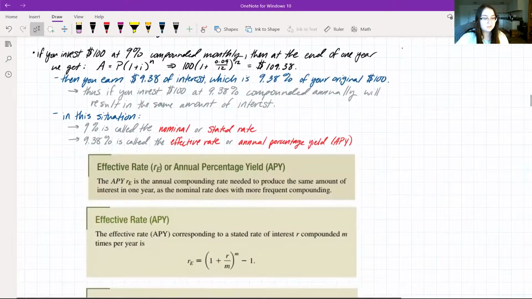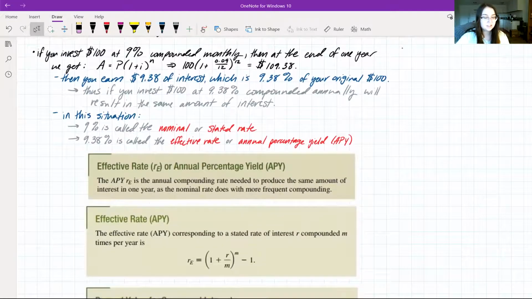Moving on, if we invest $100 at 9% compounded monthly, then at the end of 1 year, A equals P times 1 plus I to the power of n. That gives us 100 times 1 plus 0.09 divided by 12, because we're compounding monthly, to the power of n, which equals $109.38.